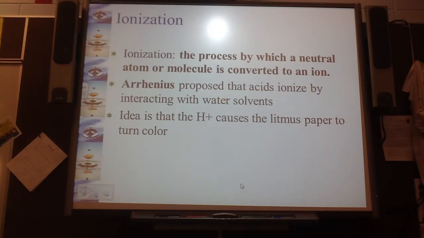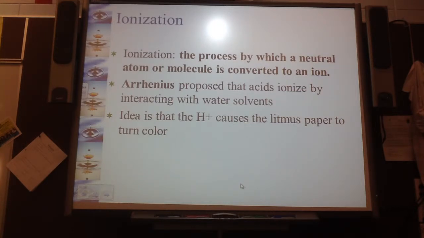Now, Arrhenius, that's spelled Arrhenius, he proposed that acids ionize by interacting with water solvents. The idea is that the H plus causes the litmus paper to turn color.